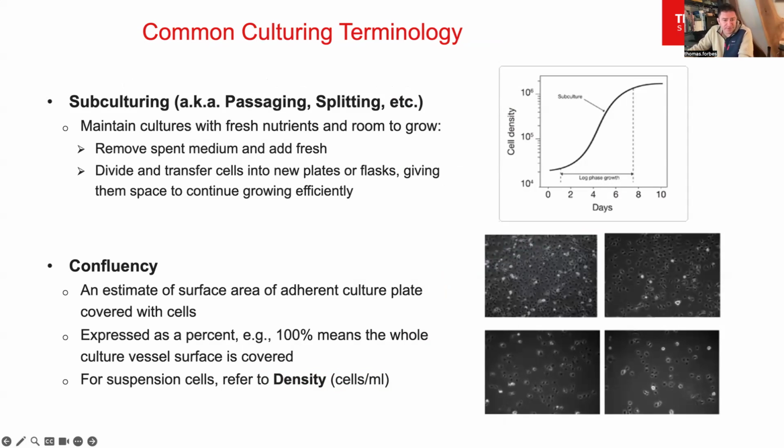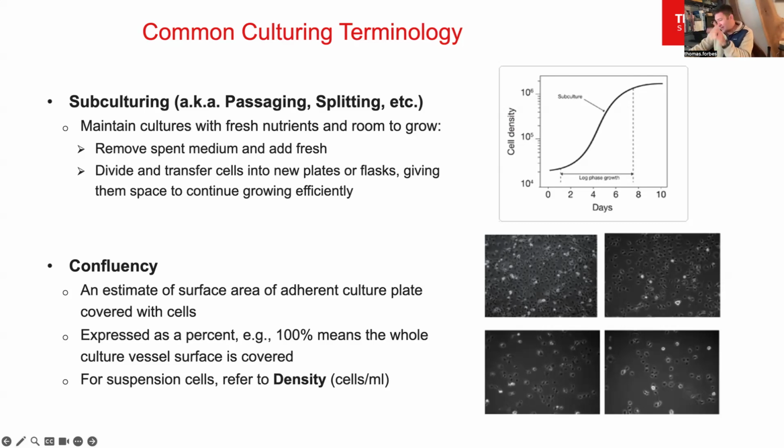I'm sure most of you are familiar with this, but this is one of the primary measures of when to actually perform this subculturing task, which is something that you'll do quite regularly. Confluency is an estimate of the percentage of culture vessel surface that's covered by your cells when observed by, say, microscopy. For example, 50% confluency means that half of the surface of the culture dish or flask is covered in cells.